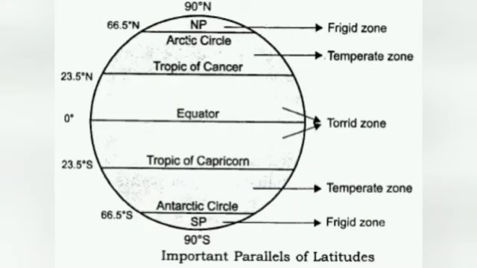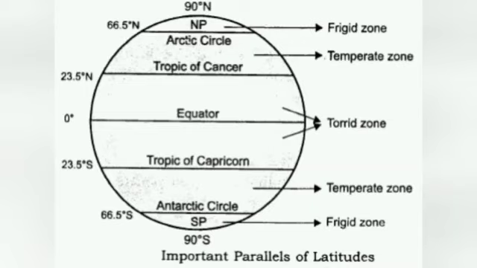Now features of parallels. All parallels are complete circles except the North Pole and the South Pole. The length of parallels decreases as we move away from the equator towards the pole.